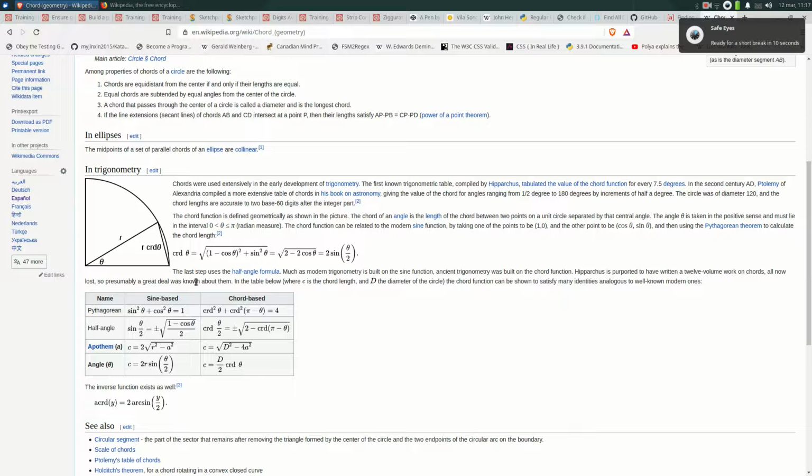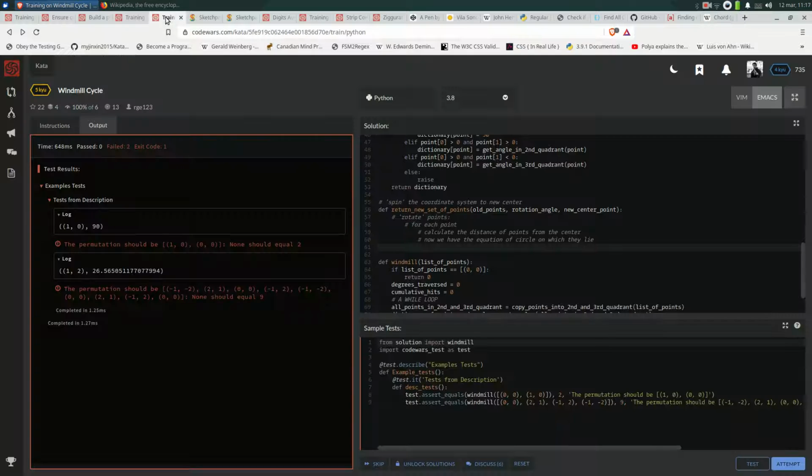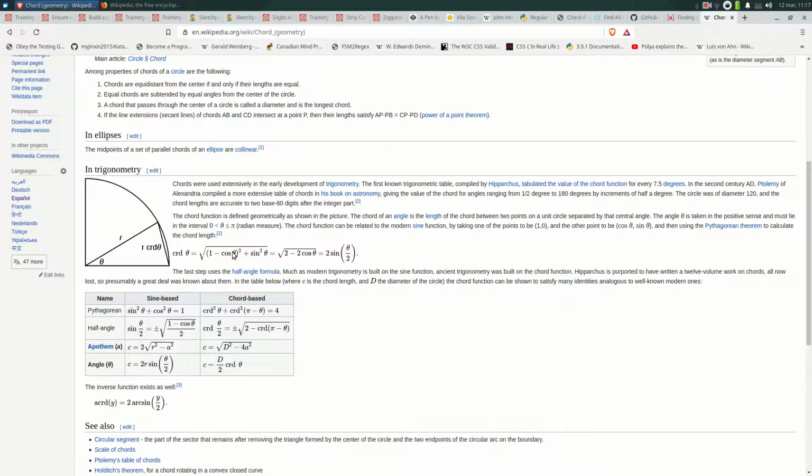The chord of the circle in our case. Alright, so now we have the equation of circle on which they lie. Based on the, well, what do we need for the chord? We need that.